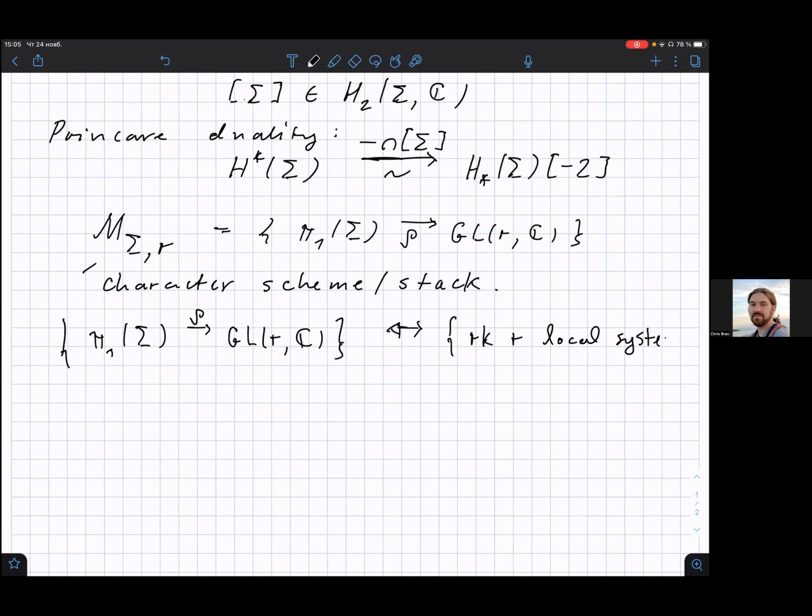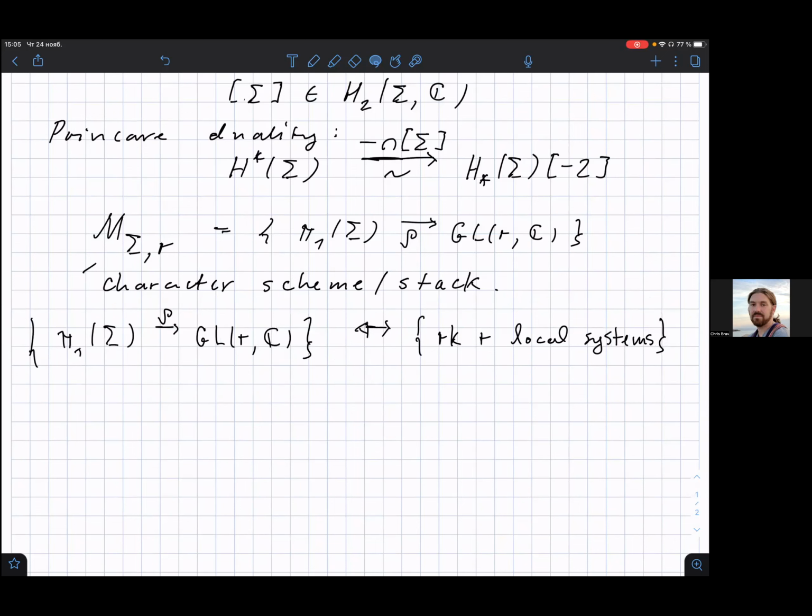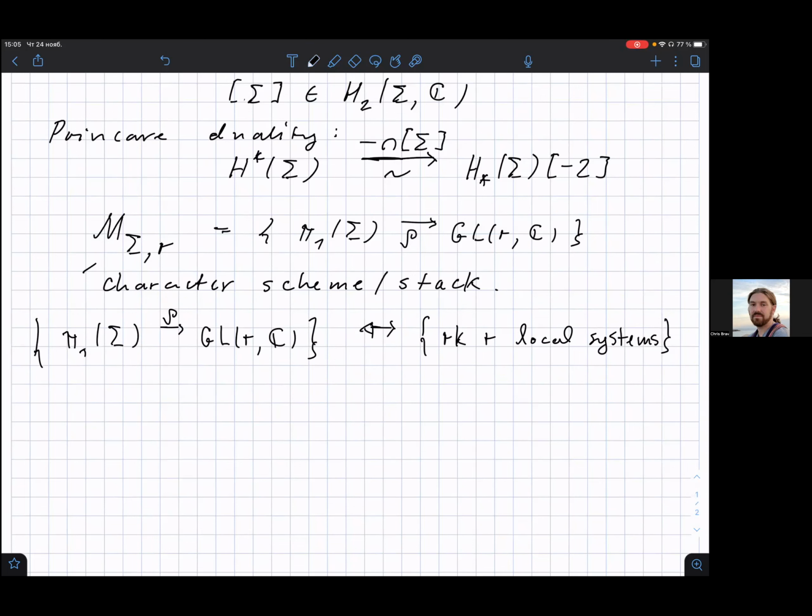Okay, so that's a useful way to think of them, and I'll write the notation in a row. The local system is written E rho.